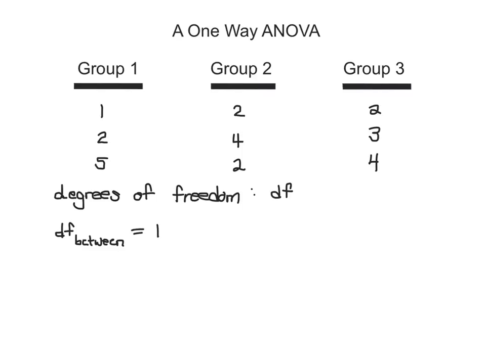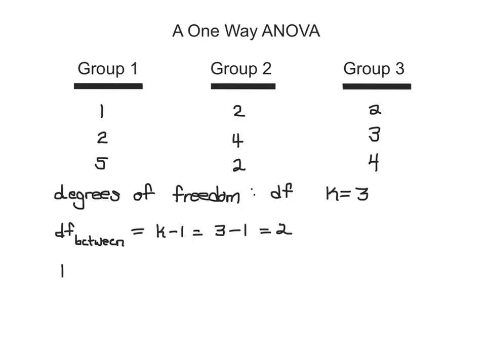This is k minus 1, where k is the number of groups, and we can see that we have 3 groups, which means the degrees of freedom between is 3 minus 1, which is 2.